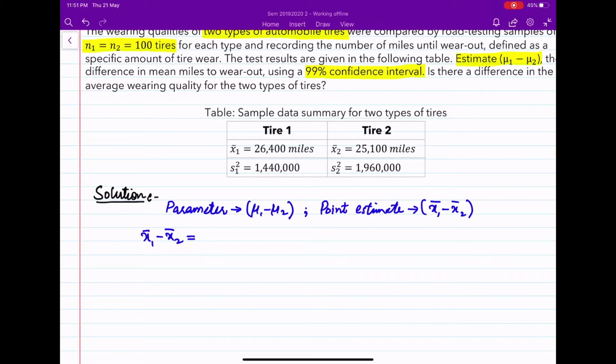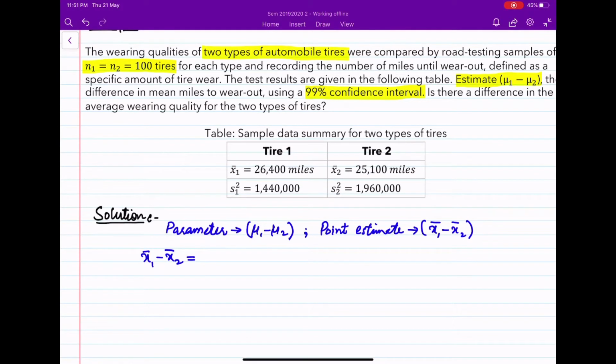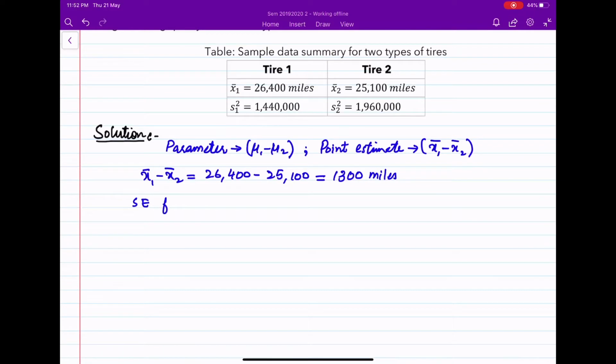It can be calculated using the data given in the table. x1 bar minus x2 bar is 26,400 miles minus 25,100 miles. It will be equal to 1,300 miles. So the difference of the averages of the two samples from the two populations is 1,300 miles.